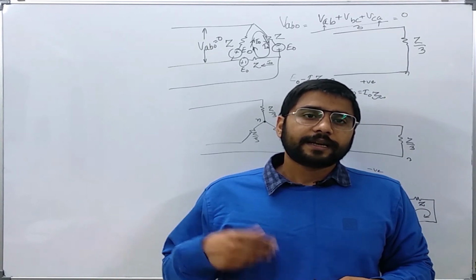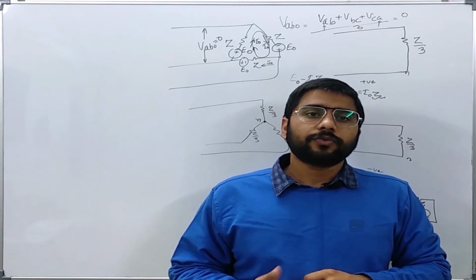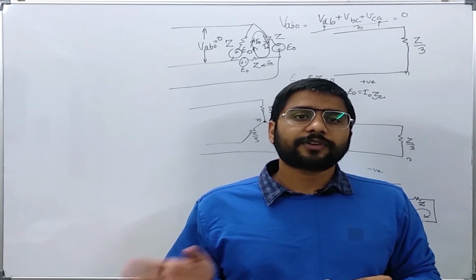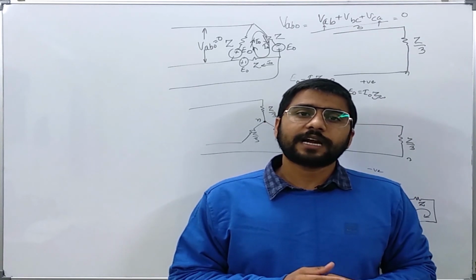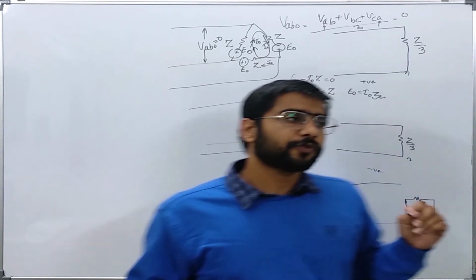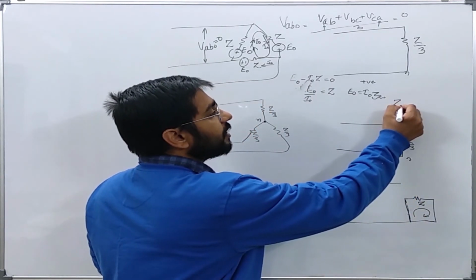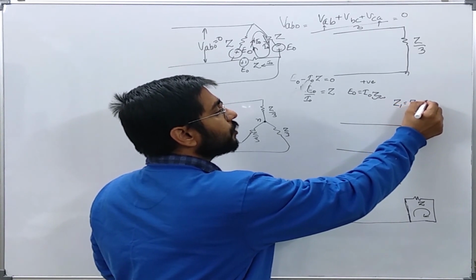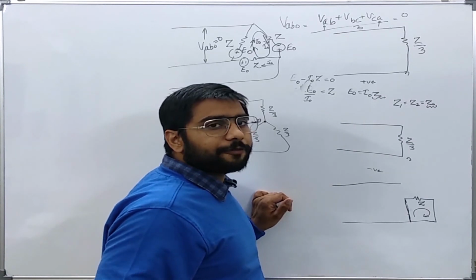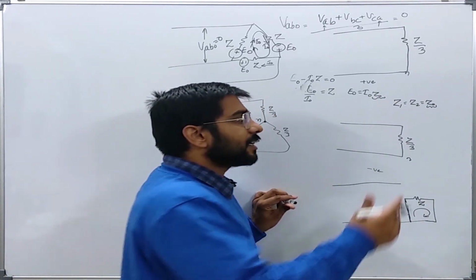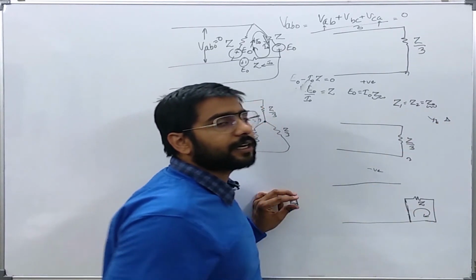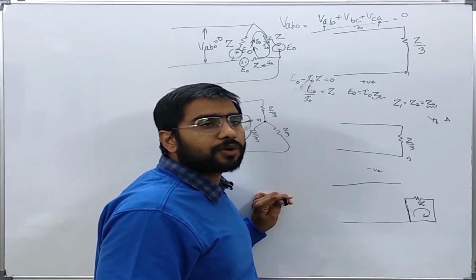And the next lecture to that we will try to find the various connections of various kinds of transformers in the zero sequence network. As we have clearly seen in our previous video that for transformers usually we take Z1 equal to Z2 equal to Z0, but still this Z0 is connected in different ways according to the connection, whether it is star delta or delta star, whether neutral is connected to ground or not.